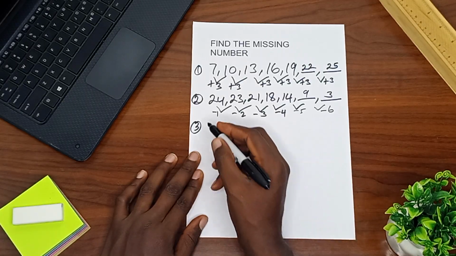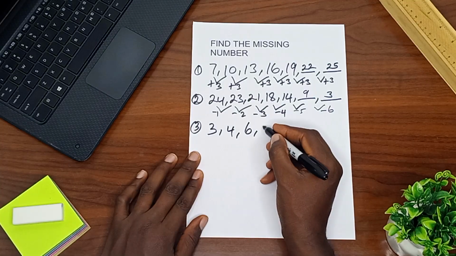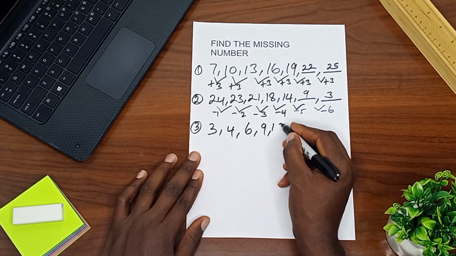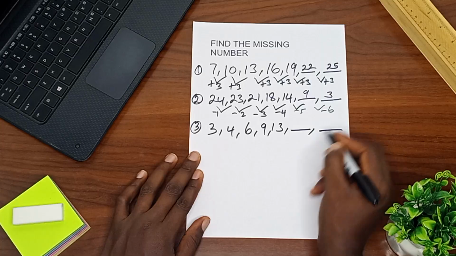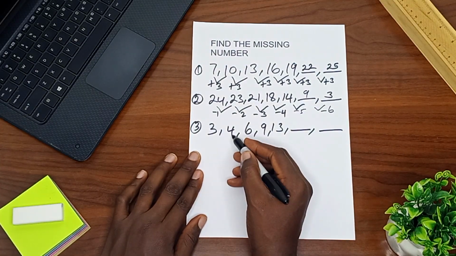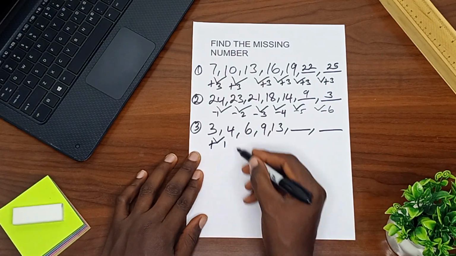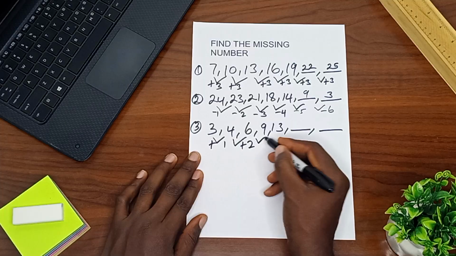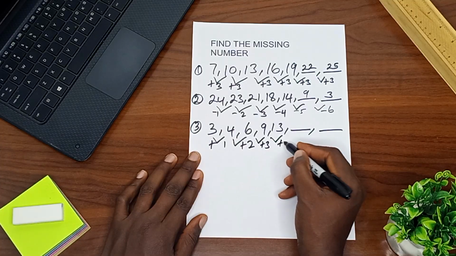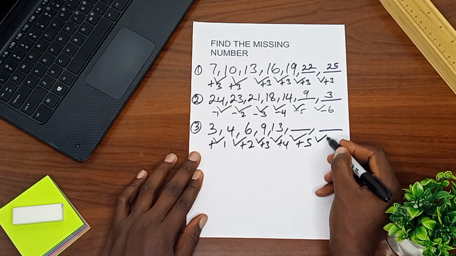If you have a sequence like 3, 4, 6, 9, 13, and they want the next two numbers, you know when it is increasing, it is a plus or multiplication. So here we have added plus 1, plus 2, plus 3, plus 4. That means it is continuing, plus 5, plus 6.